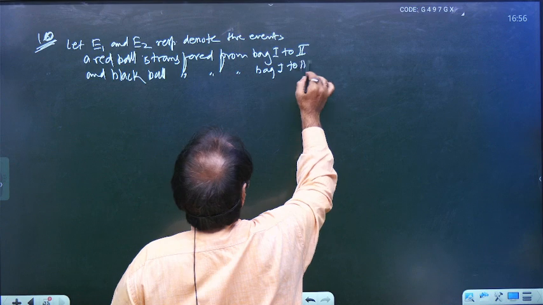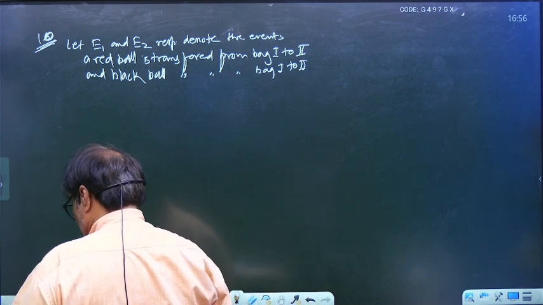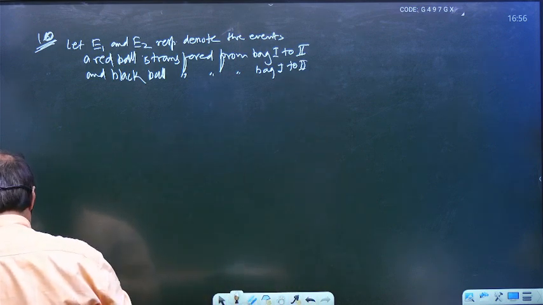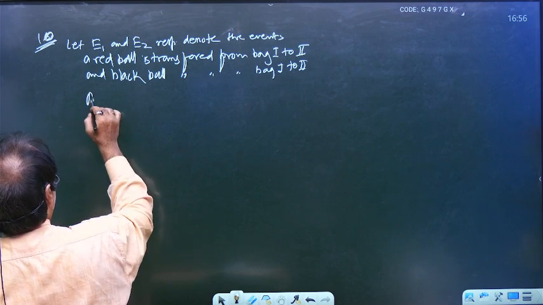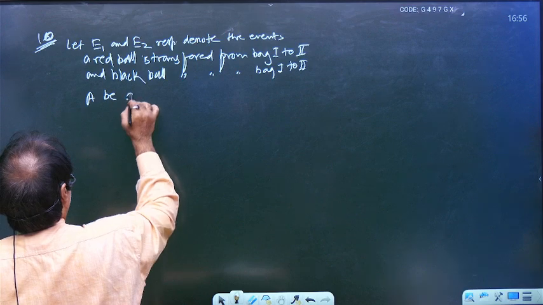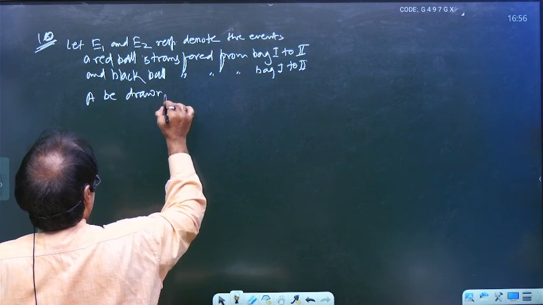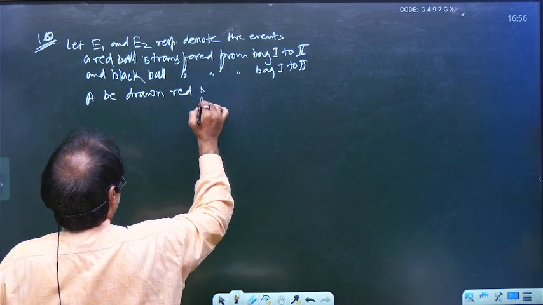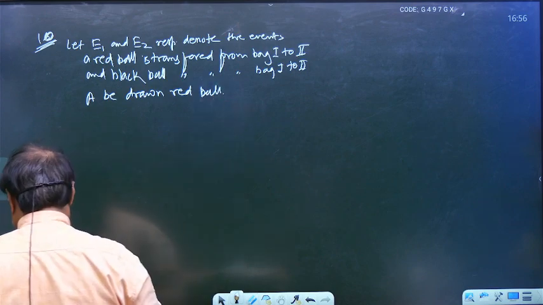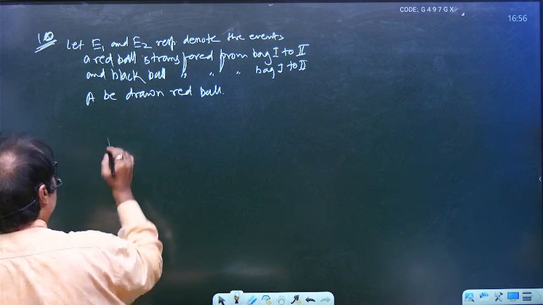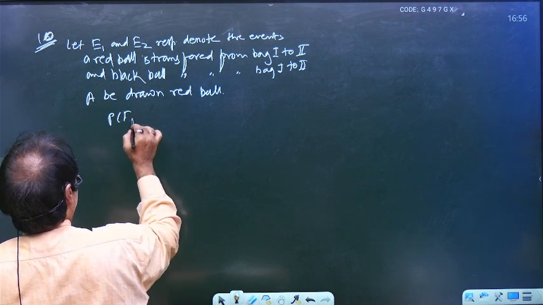And let A be the event that a red ball is drawn.